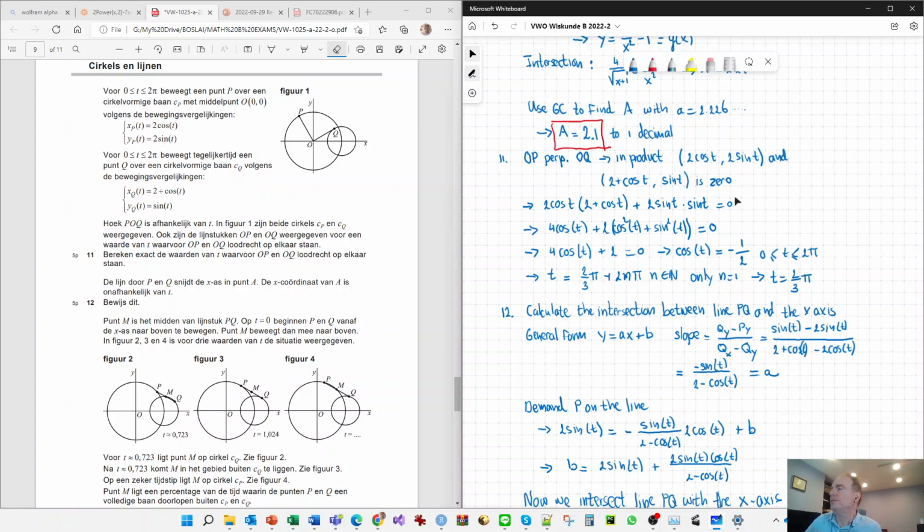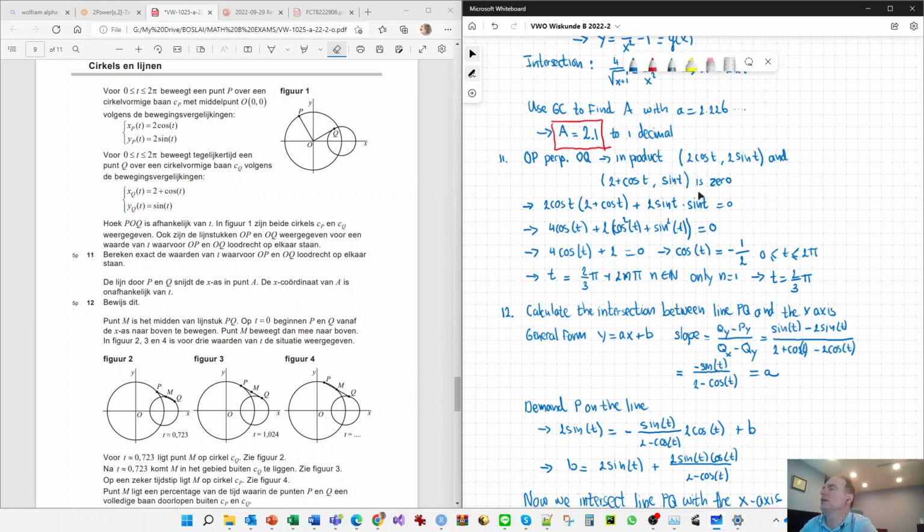And to be perpendicular, you just demand their inner product to be 0. That's another part of the vector-related skill sets needed for this exam. You need to be able to calculate the inner product of two vectors and how this relates to the angle between the vectors.